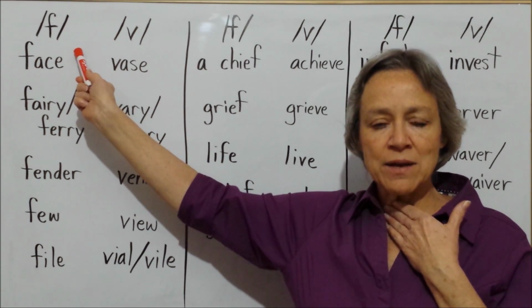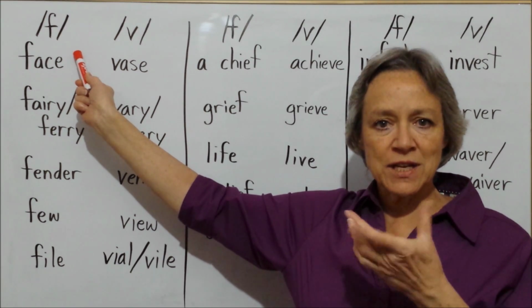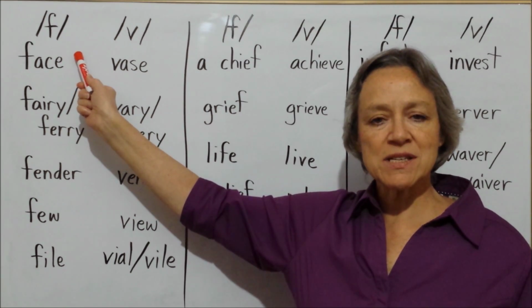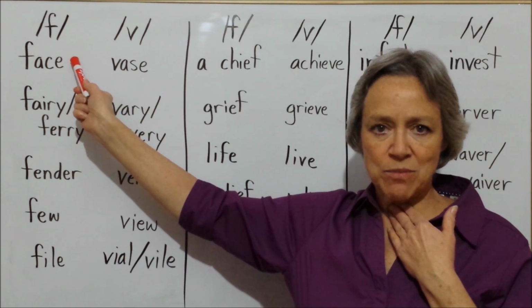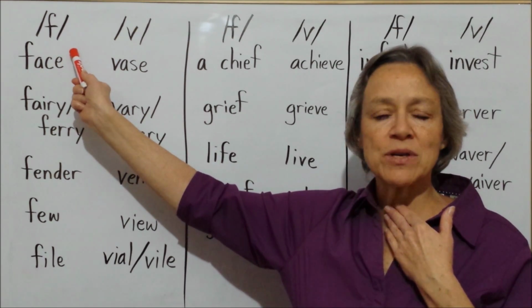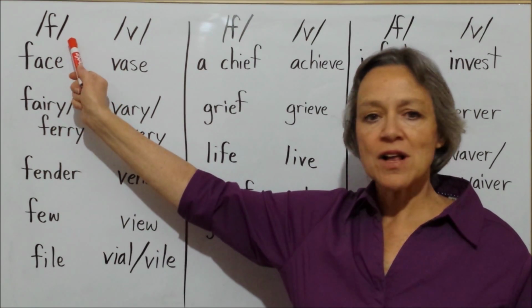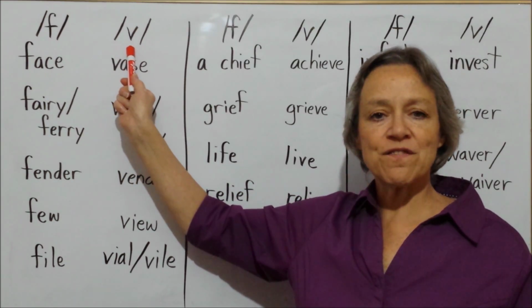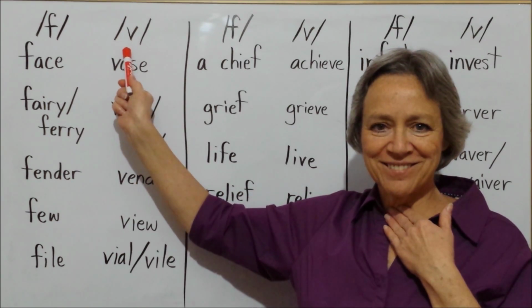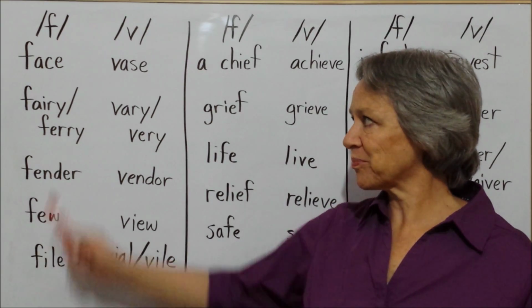It is also made with my upper teeth on my lower lip and forcing air out of my mouth. However, this is a voiceless sound. My vocal cords do not vibrate. This sound is f. All right? So we have f, no vibration, v, vibration. All right? Please practice saying these words with me.